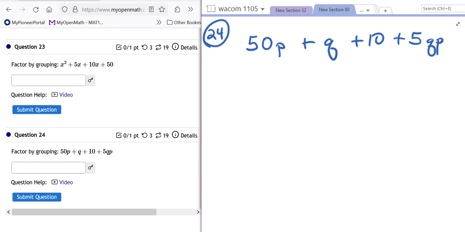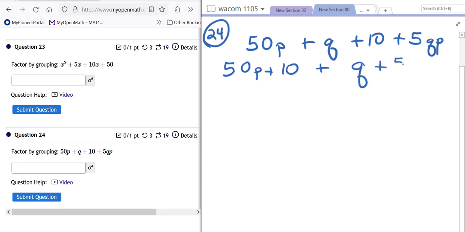We could probably do it that way. No, it's not going to get me back to a 50. It's not going to match. All right, so let's switch the order. Let's say if we switch the Q and the 10, because the Q would have something in common with this. So if we switched and we put the 10 here, and we're going to move the Q over here.